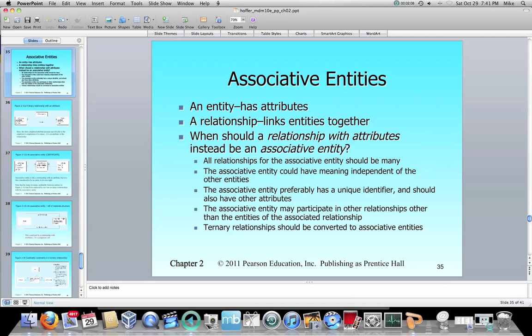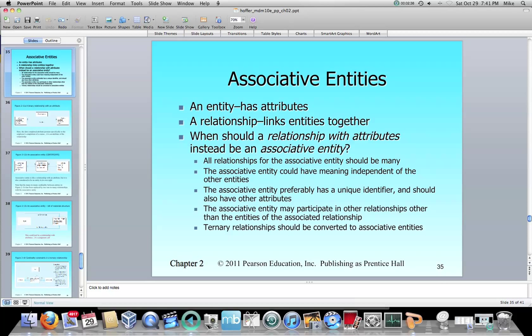I like to look at associative entities as a zipper, for instance. If you physically look at a zipper, there are teeth, and as you pull the zipper up, the teeth are interconnected, one-to-one, right? So think of an associative entity like the actual zipper mechanism. It's pulling identifiers, the unique keys, from two different entities, bringing them into one entity to relate one entity instance to another entity instance.